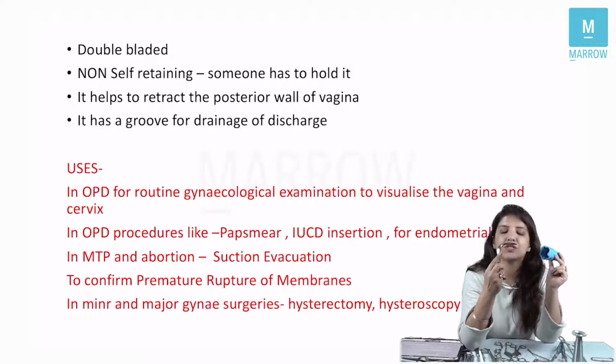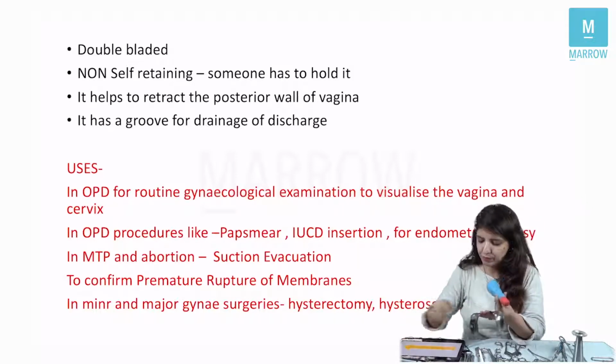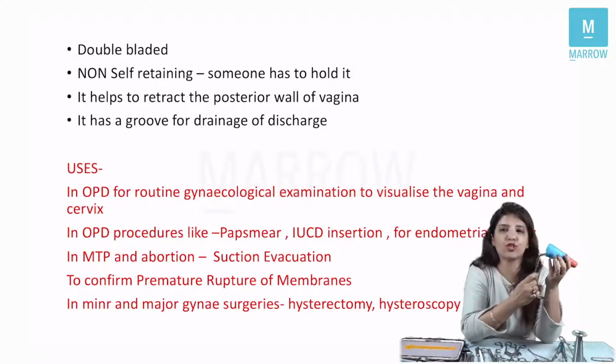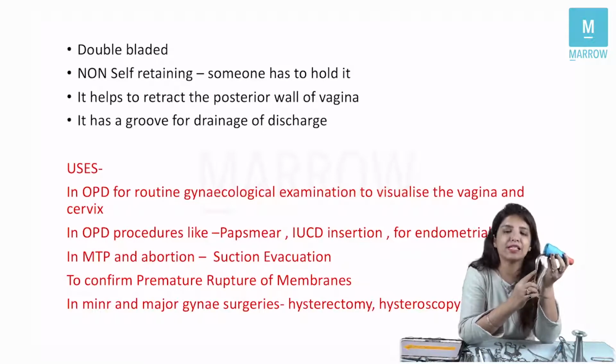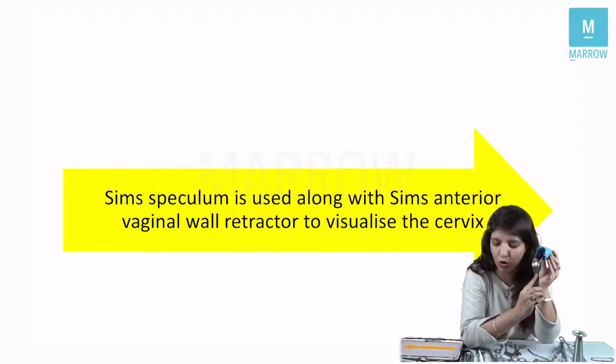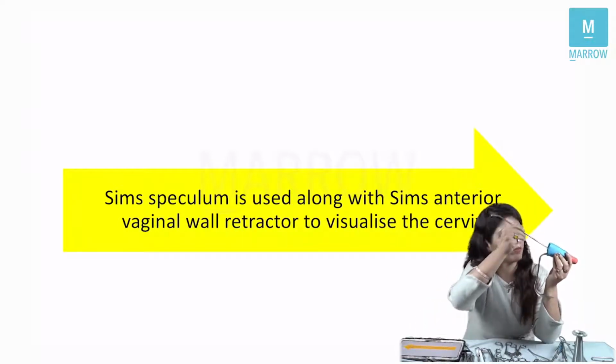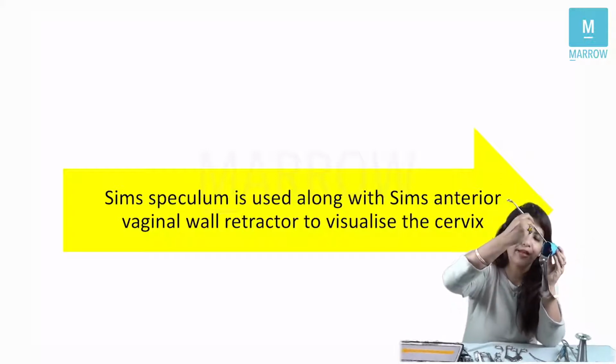So, this is a Sims speculum. A Sims speculum should be used in conjunction with a Sims anterior vaginal wall retractor. So, if I have retracted the posterior wall, now I need to retract the anterior wall, right?